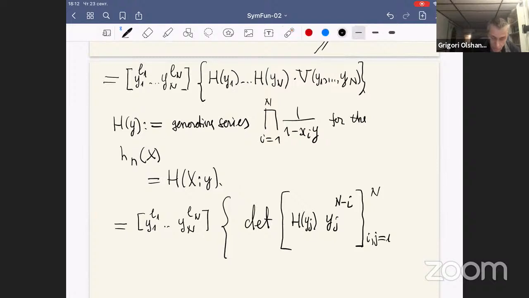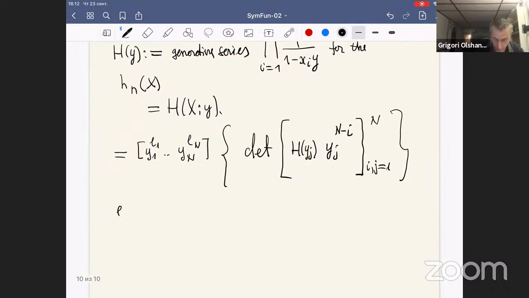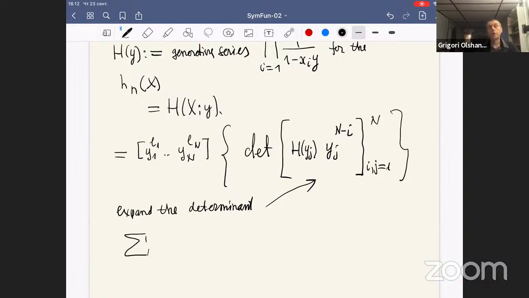Now I just expand the determinant here. We get the sum over all permutations sigma from the symmetric group in n letters.